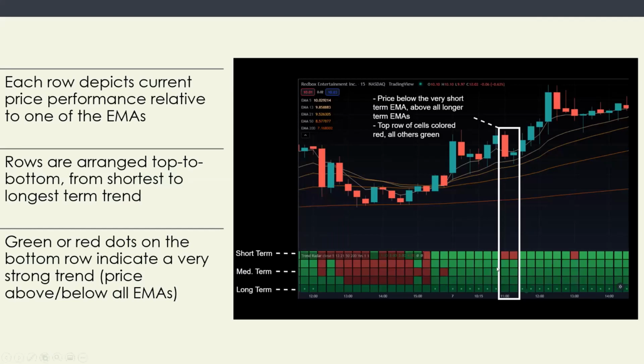So for example, if we look here at this point in the heat map where we have these 2 red squares in the top row, what this is telling us is that in the very short term, so for the very fast EMA, current price is below that EMA. But for the longer term period EMAs, all the way down to the very long term, we're actually above the EMA. So what we're seeing here is we're getting a small pullback in what is otherwise a bullish trend.